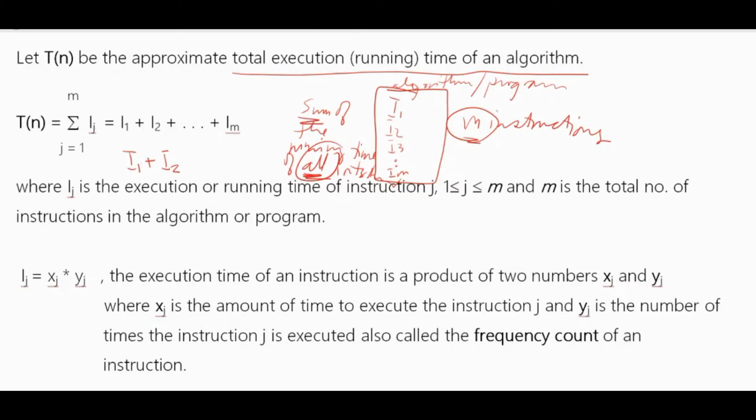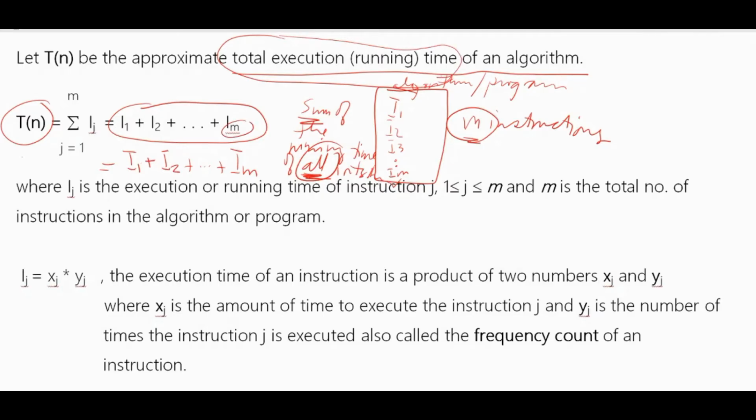Since it is the sum of the running time of all instructions, T of n is simply equal to the running time of instruction 1 plus the running time of instruction 2, up to the last running time of instruction m. That is the total execution or running time of an algorithm or program having m instructions.